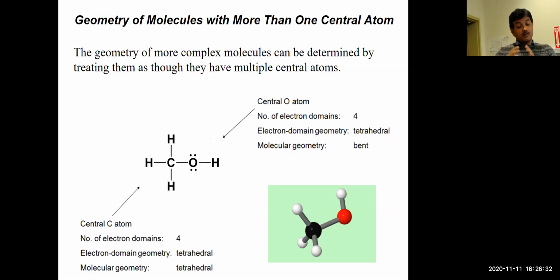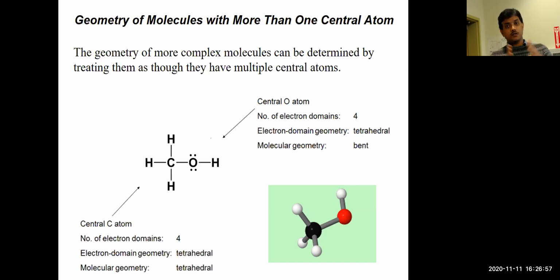These are fundamentals for you to start organic chemistry with. We discussed a set of rules where you identify electron pairs around the central atom, and based on that, you can predict either electron domain geometry or molecular geometry. And we just applied it on a larger molecule with more than one central atom.